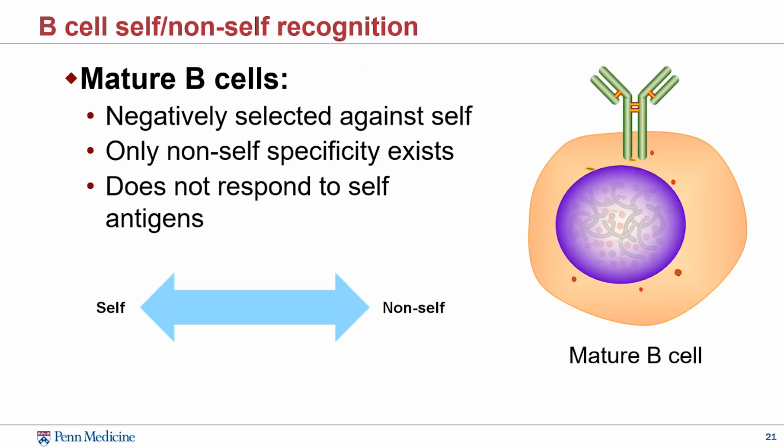So when we think about mature B cells, which are going to be out ready to participate in an immune response, these are cells that were negatively selected against self. And so they're only going to be specific for non-self specificities, and they're not going to respond to self antigens. That's really the way that a B cell can determine if things are self versus non-self.